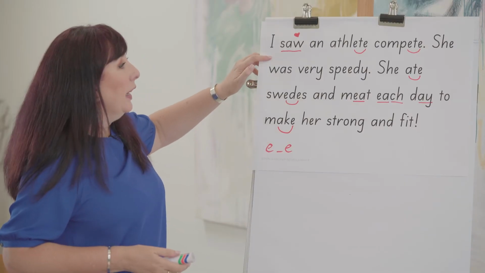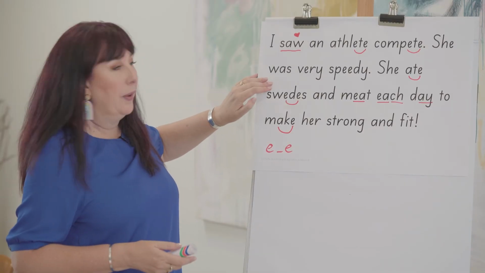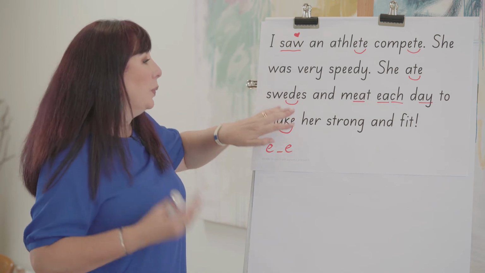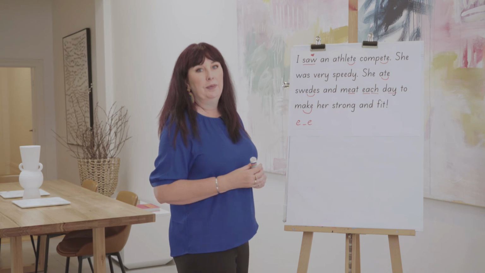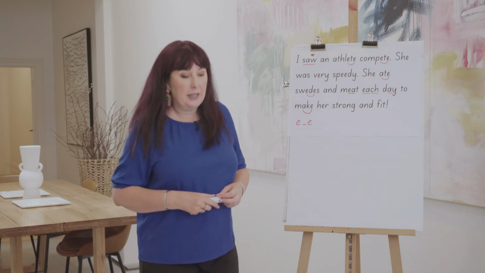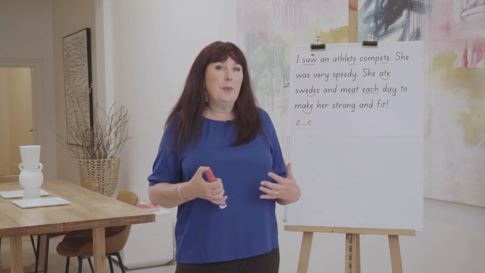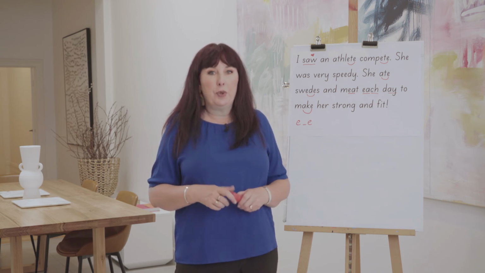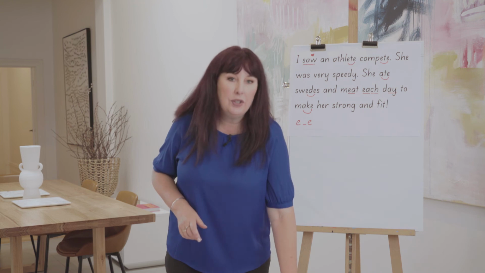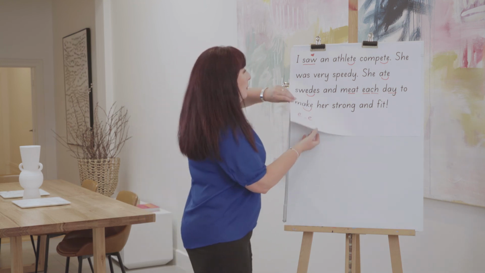I saw an athlete compete. She was very speedy. She ate sweets and meat each day to make her strong and fit. If you don't know what a swede is, I'd like you to perhaps borrow someone's phone or have a look on a computer, because it's a strange kind of vegetable that sometimes we have with our roast dinners. So pretty interesting.